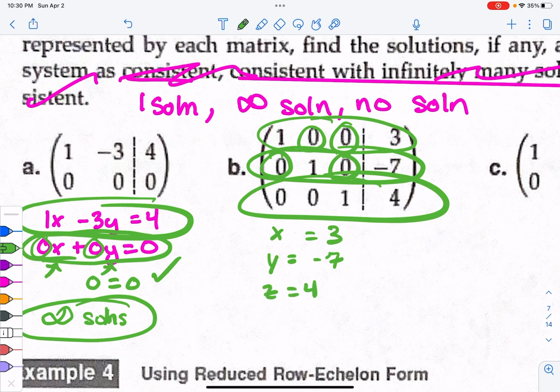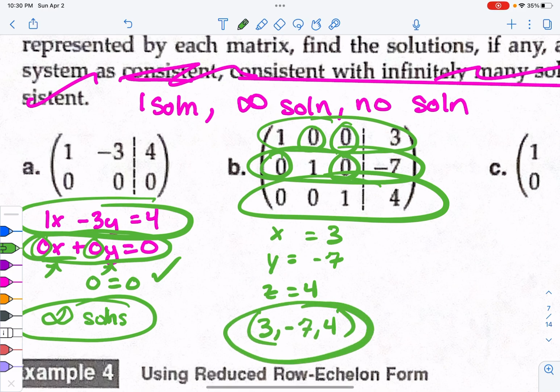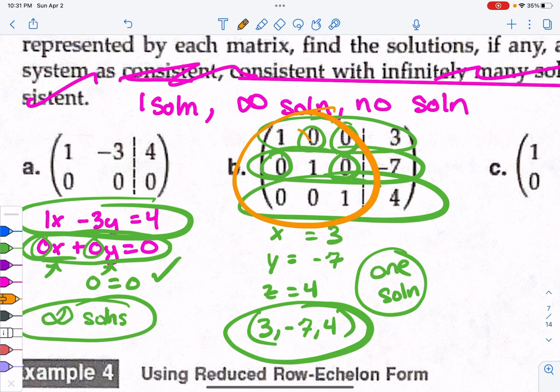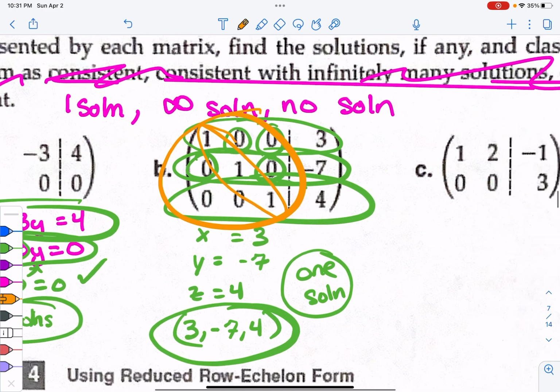So if that's the case, then I have 3, negative 7, 4. That is what it's equal to, and it has one solution. That's the one solution that works. You can notice that by the diagonal 1 pattern, which is going to lead you to just one solution.